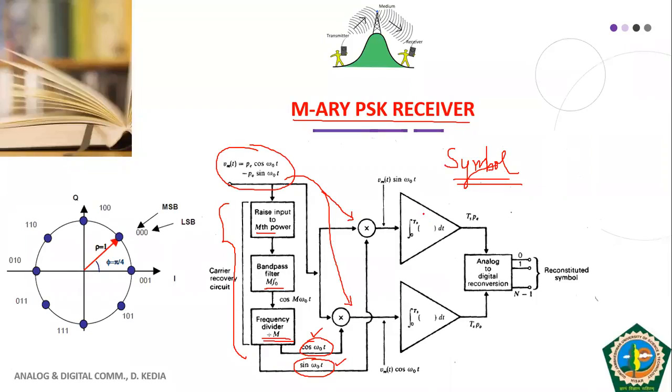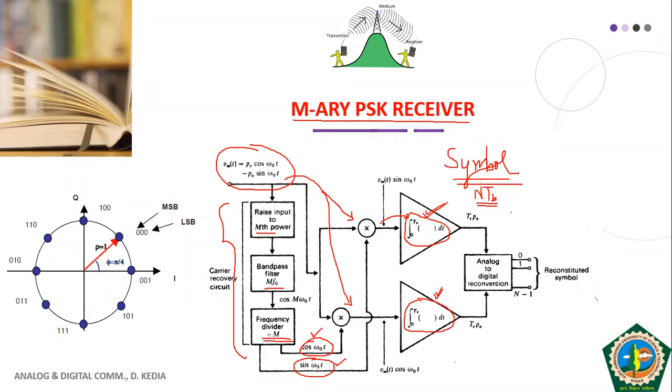So we will be integrating this signal for one symbol duration, and that symbol duration corresponds to n times your single bit duration. So obviously your symbol duration will be n into T_B here, and we integrate our signal for one symbol duration.